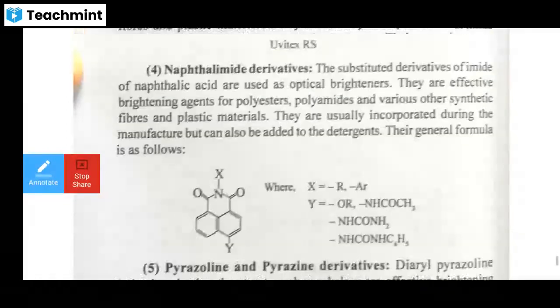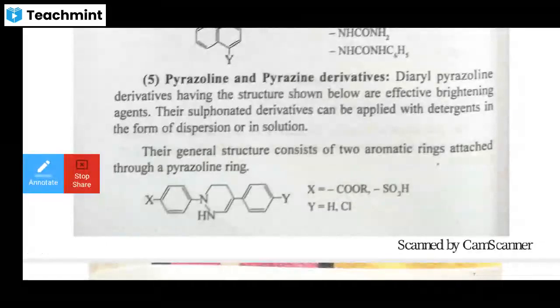And the pyrazine derivatives, next category. So pyrazoline and pyrazine derivatives. These are diaryl compounds having two nitrogen atoms, having two ring systems. Pyrazoline derivatives having the structure shown below are effective brightening agents. These sulfonated derivatives can be applied with detergents in the form of dispersion or in solution.